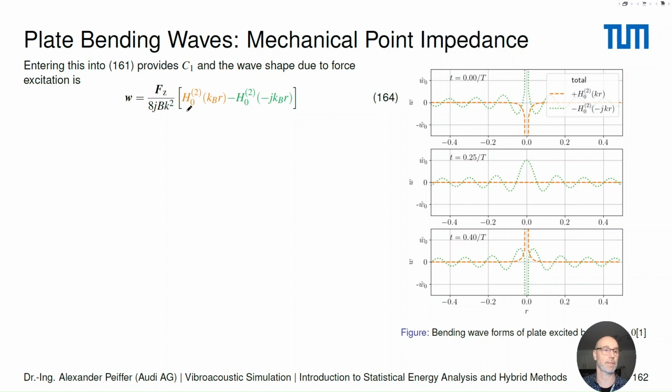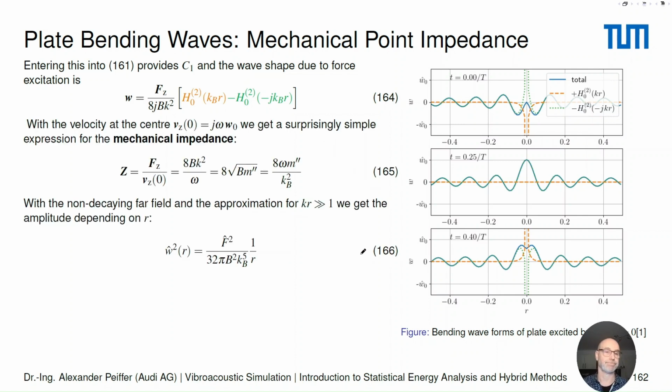So the orange one, that's the first one, which is given by this. And the second one, that's the one that can propagate. But in the center, we need both, because they are really compensating each other with extreme values. And for different time steps, if we add them up, we get the final solution looking like this. So this is the shape of the circular wave excited by a force, by the combination of those two solutions of the different wave equations.